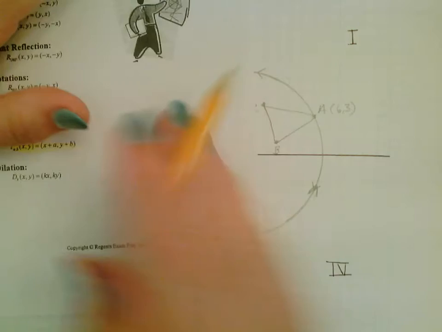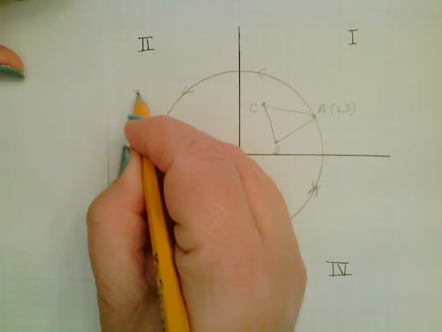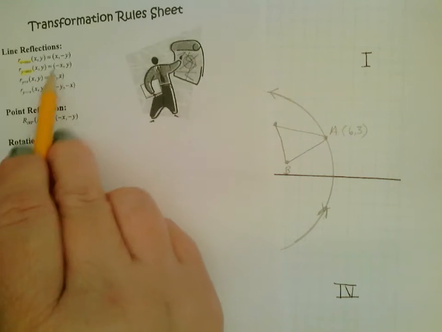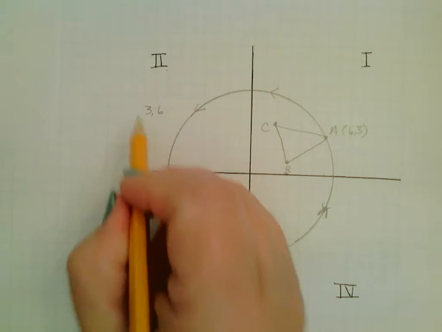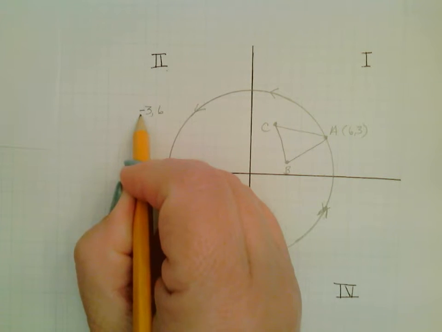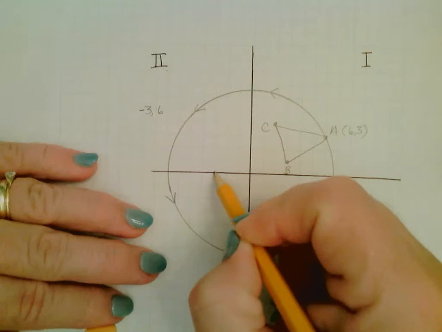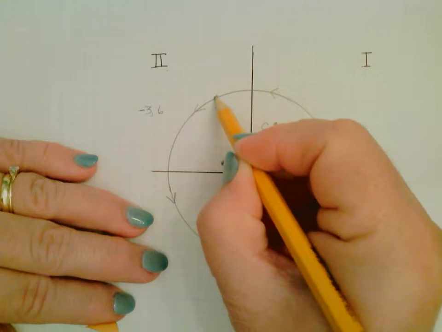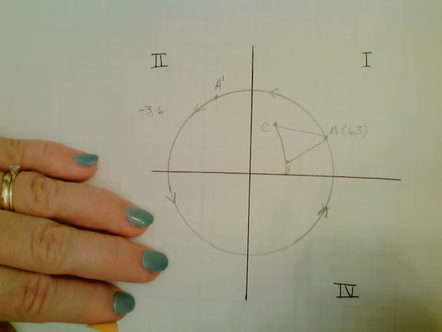So 6, 3 becomes negative 3, 6. It was positive, now it's negative. So let's go ahead and plot it: 1, 2, 3, and 1, 2, 3, 4, 5, 6. Here's my new A at 90 degrees.